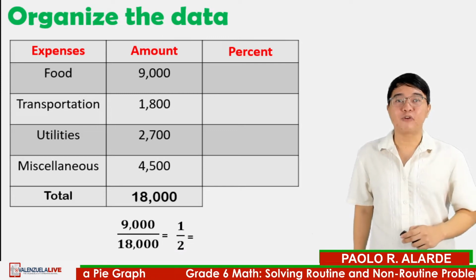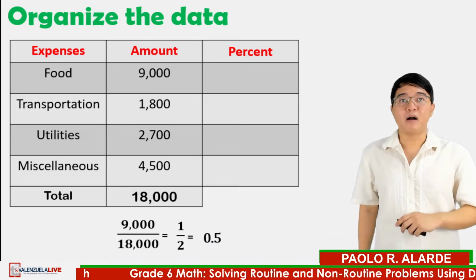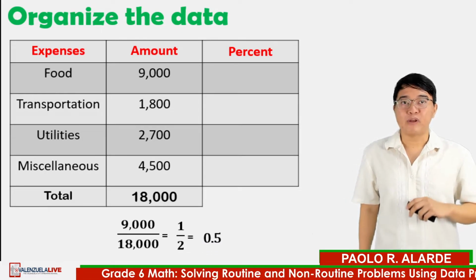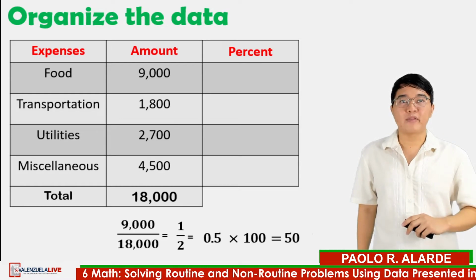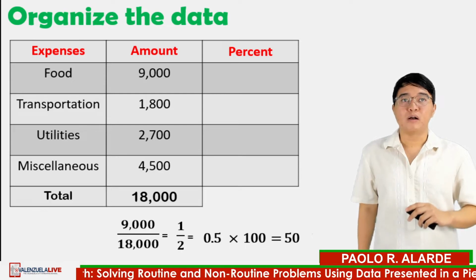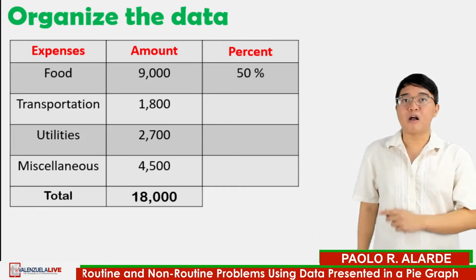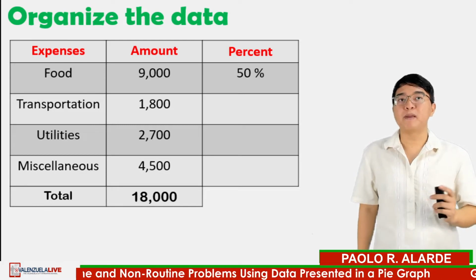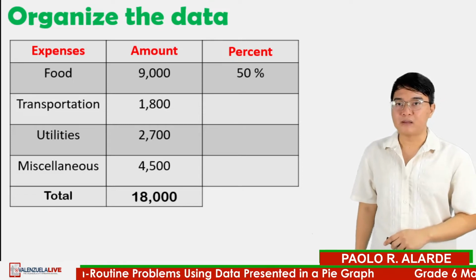So 1/2 or 1 divided by 2 in decimal form is 5/10. And when we multiply 5/10 by 100, it'll give you 50. So 9,000 is 50% of 18,000 or 50% of the total expenses of Rivera's family.